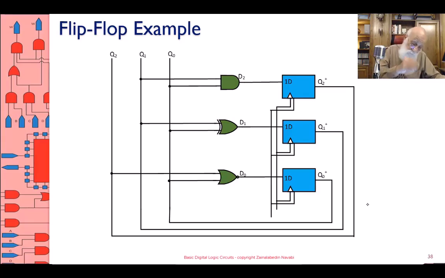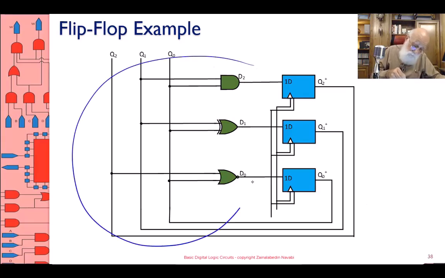This becomes my circuit. So I built D2, D1, and D0 using Q2, Q1, Q0 as inputs. That's the combinational part.